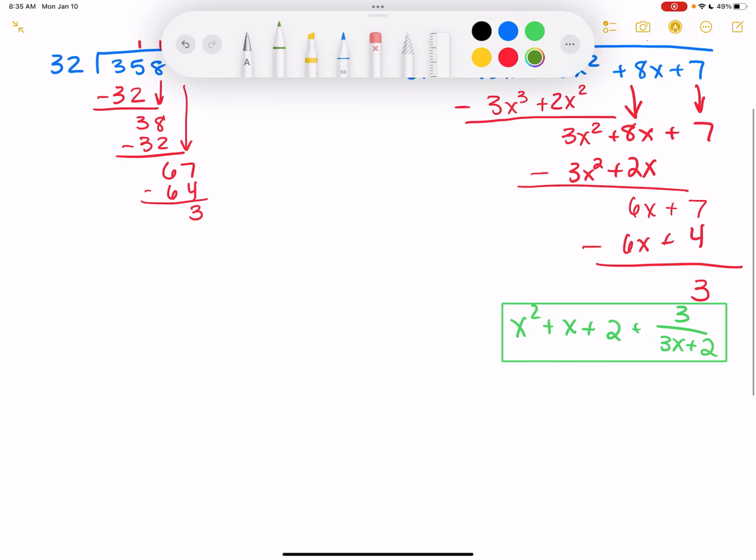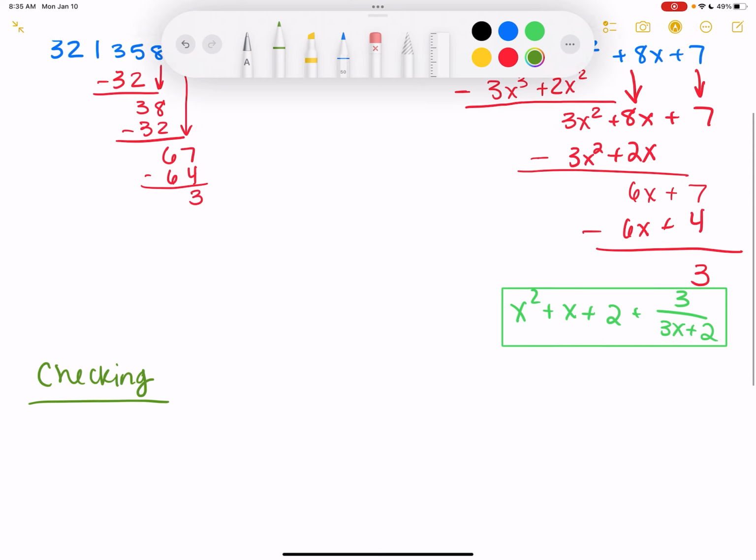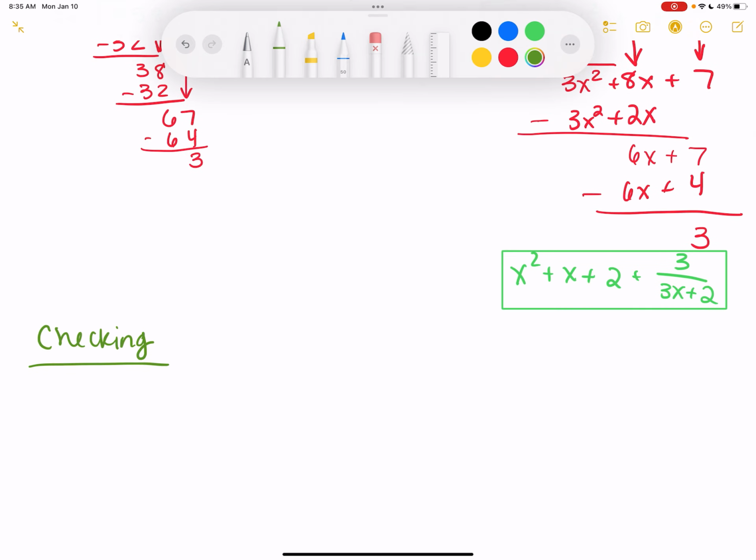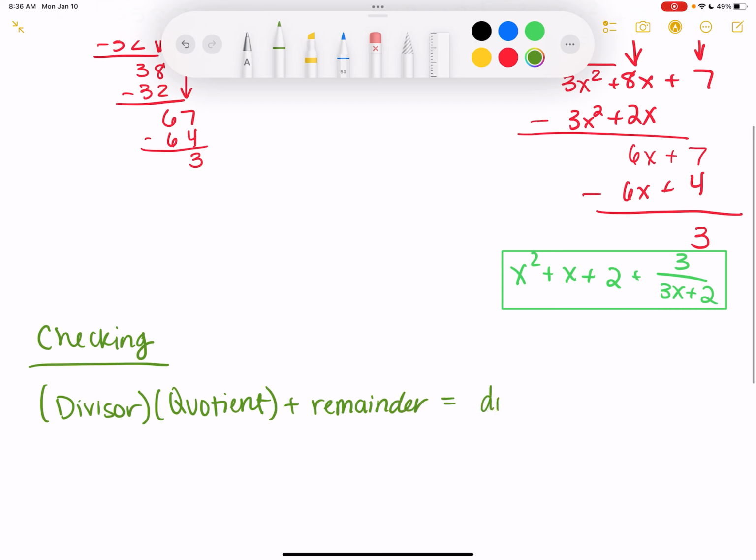All right, so checking. The divisor times the quotient plus the remainder is equal to the dividend.